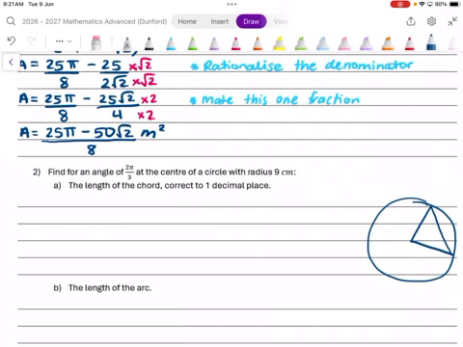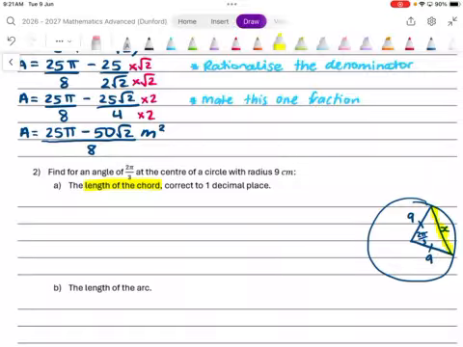So our radius is 9, our angle is 2 pi on 3, and we're trying to find the length of our chord. The length of our chord is this distance here, which we're going to call x.